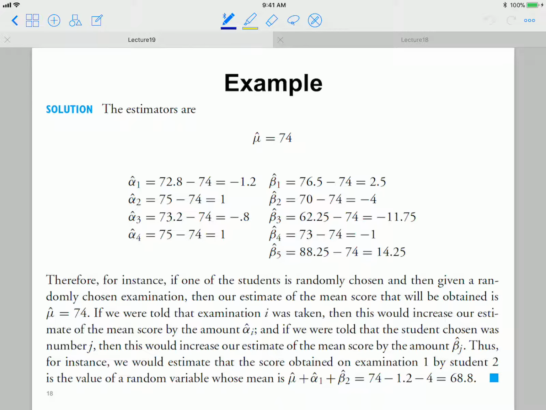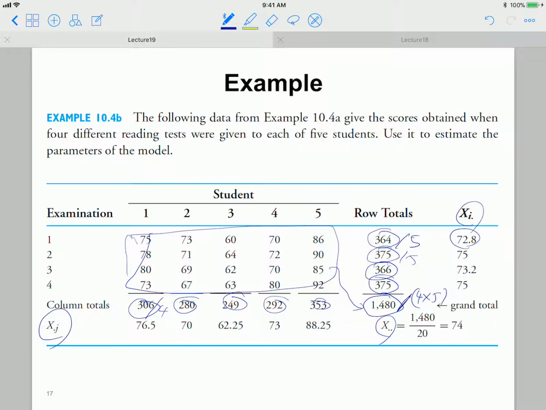And then we obtain the estimator for alpha i's and beta j's in this manner. It's really simple. For this one, we subtract this value by this value. So 2.5 is the capability of this first student compared to the average capability.